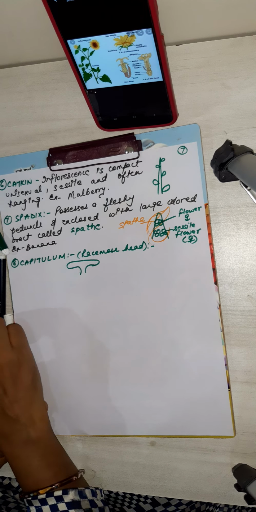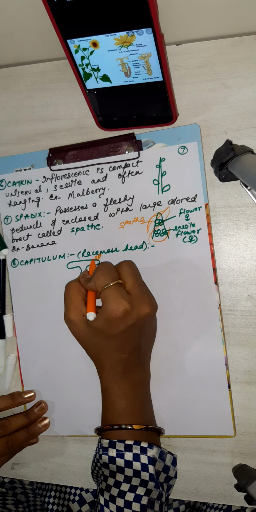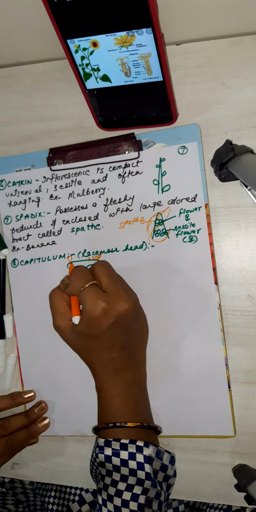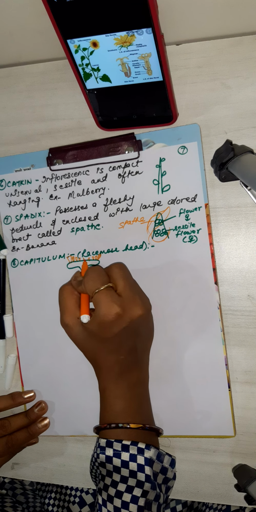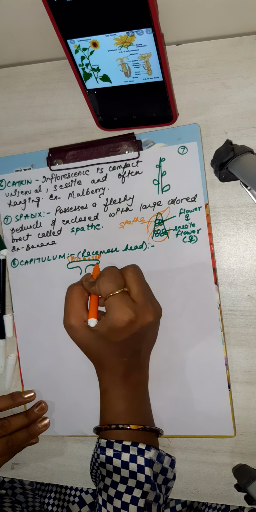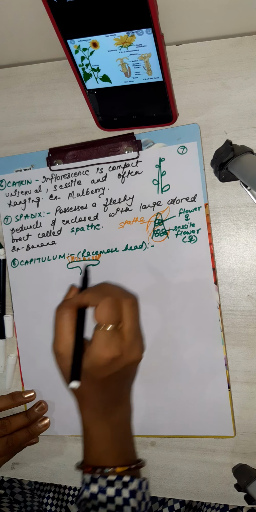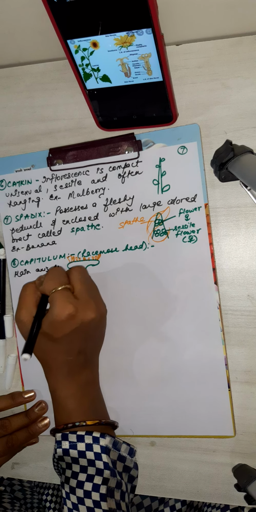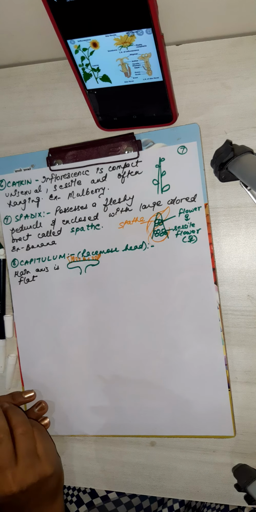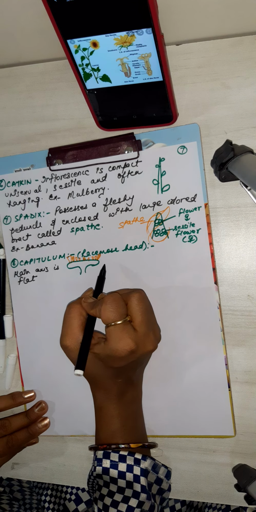Main axis is flat. So in this case, main axis is flat.